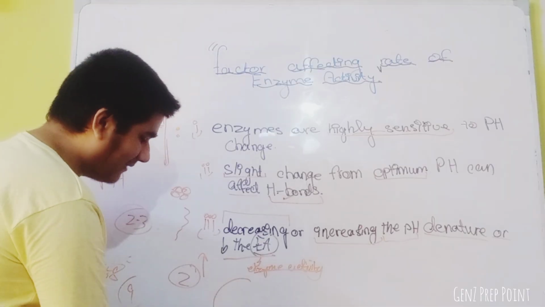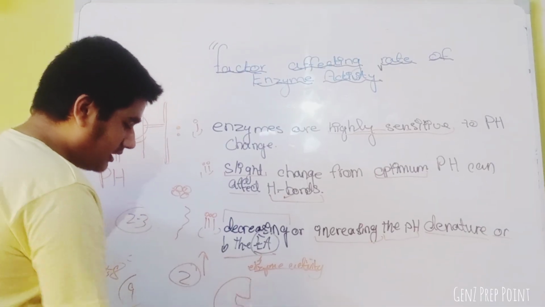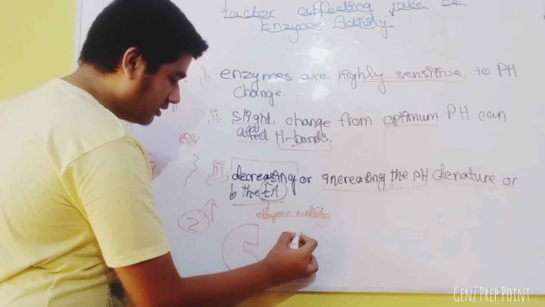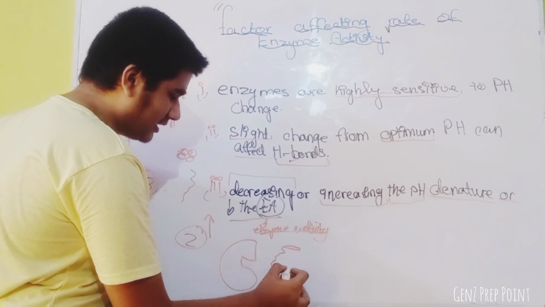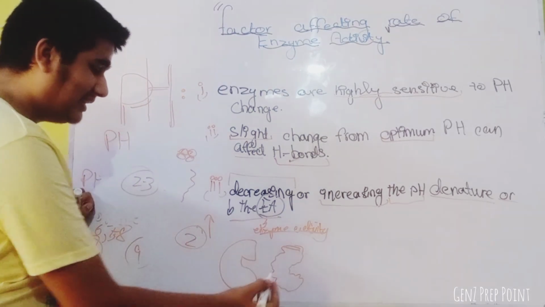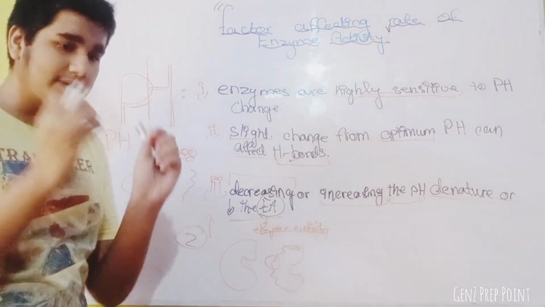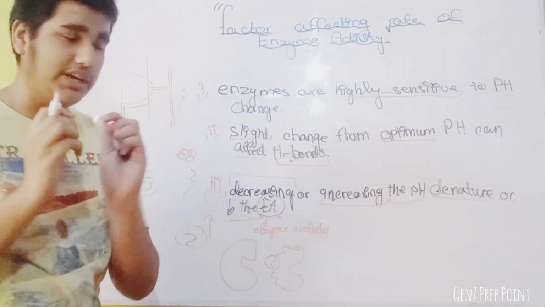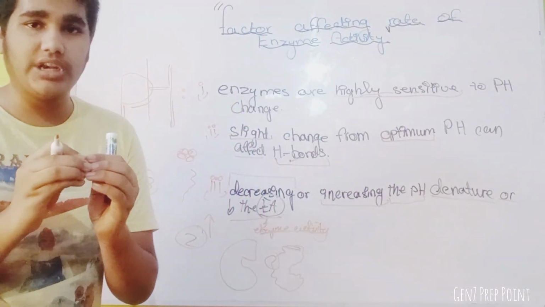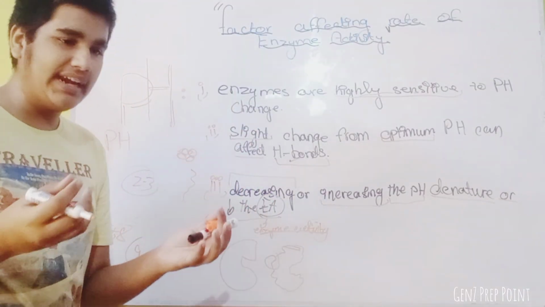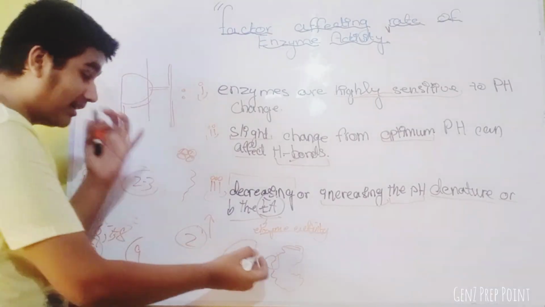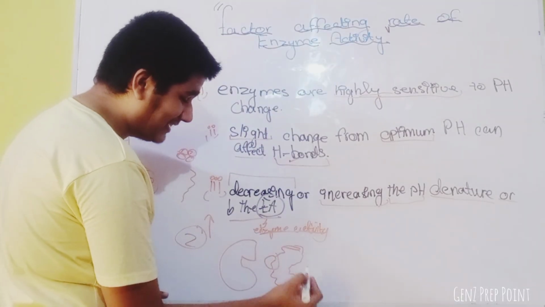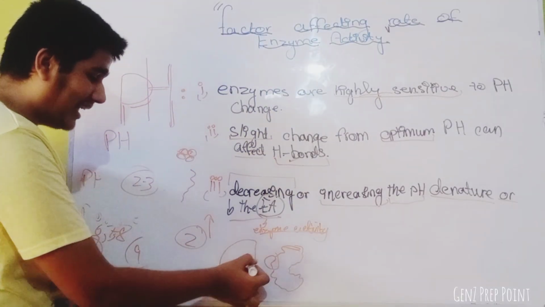If an enzyme has this shape, it would become something like this. This means that the bonds between the protein molecules that keep them together are now breaking. It's trembling apart, it's flickering apart, so it denatures. The shape is not like this.